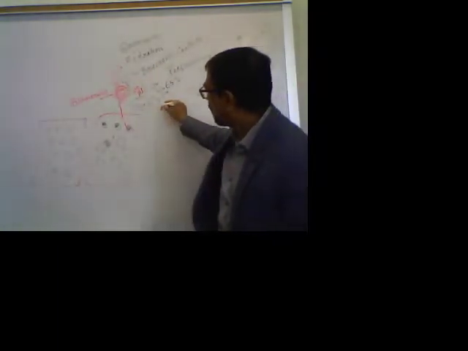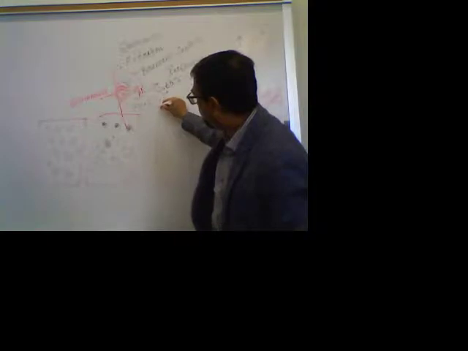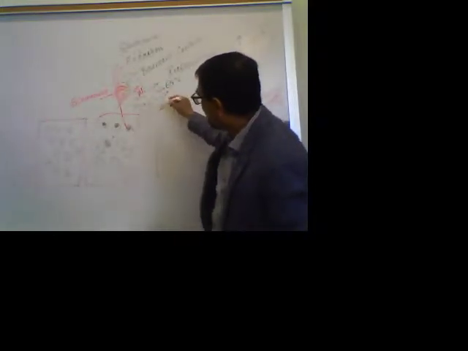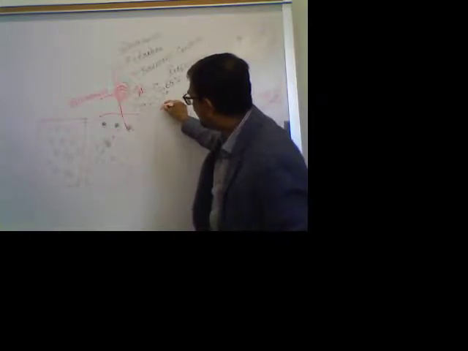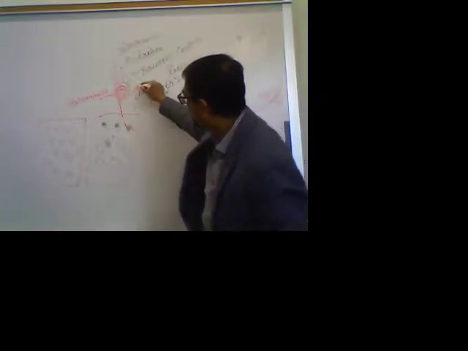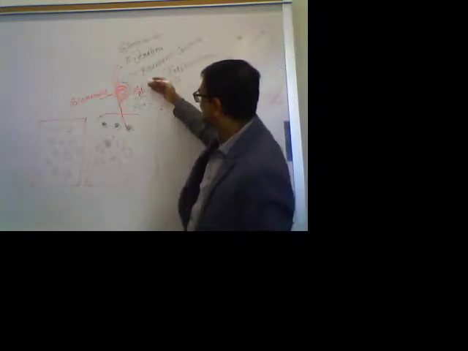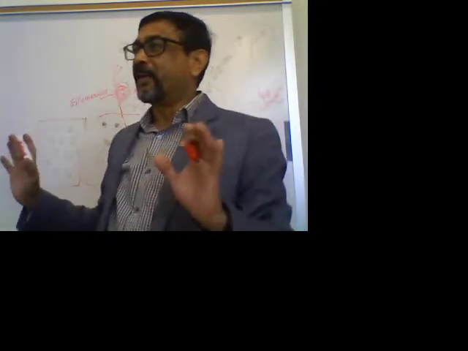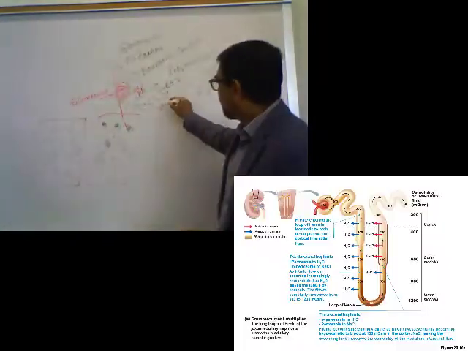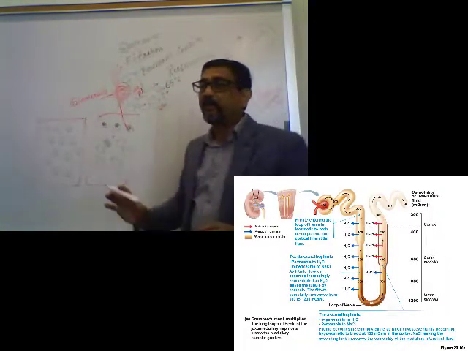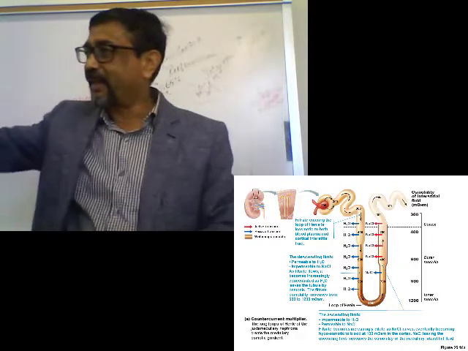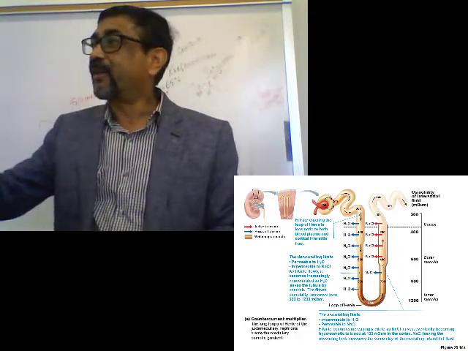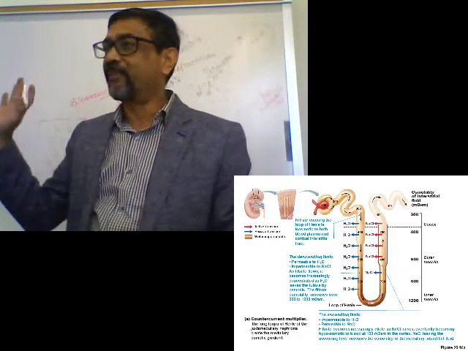That means the volume will be reduced significantly, 65%, but the concentration will remain the same here and here because everything is getting out proportionately. Is it clear? Okay. So in the proximal convoluted tubule, volume decreases a lot, but the concentration remains the same.